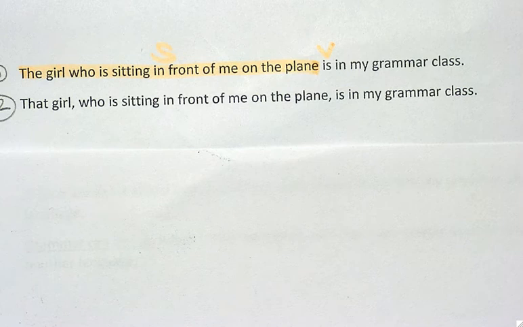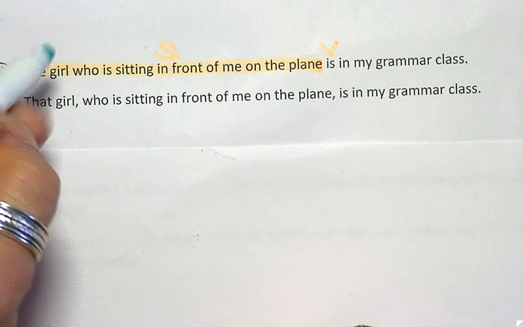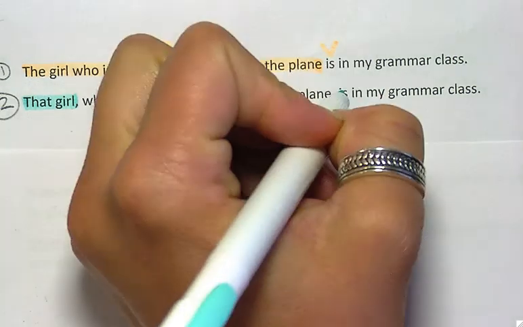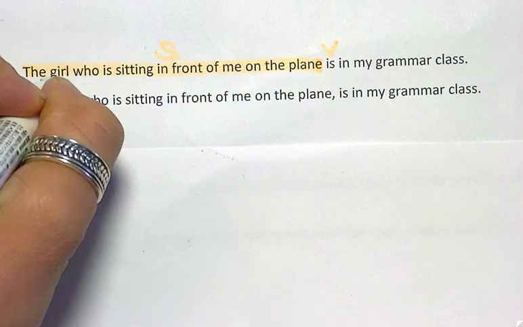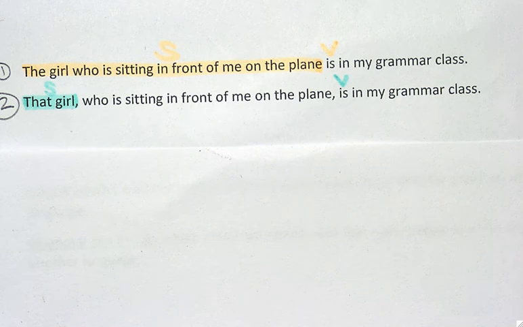If we look at number two, is this the same sentence or is it a different sentence? If we look at the function in sentence two, in fact, we have that girl as the subject, and then this is the verb in our main clause.